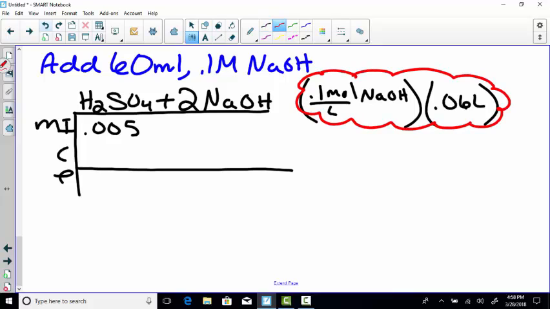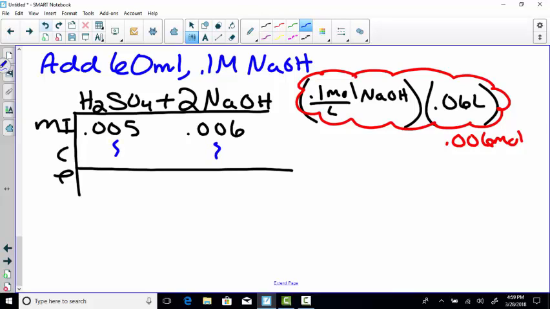Okay? This is now 0.006 moles, right? So you can see that we're going up by 2 thousandths of a mole every time. So this is now 0.006 moles. But again, this isn't a limiting reactant right here, okay?